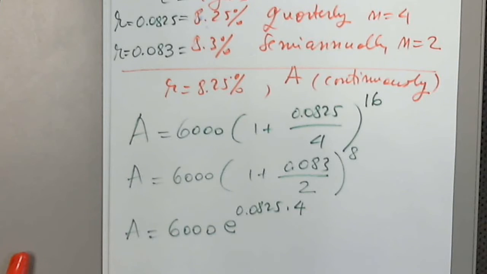I will repeat: 6,000 in parentheses 1 plus 0.083 divided by 2 and the power 8. And then the last one, 6,000.